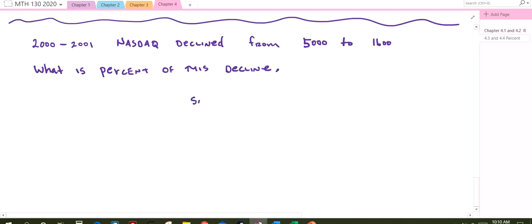So again, let's write a little statement here, picking these ideas out. So the decline is what percent of 5,000. So we want to reference this to 5,000.